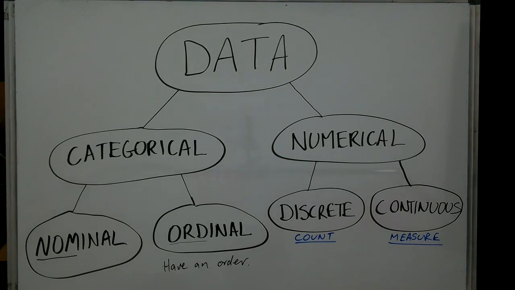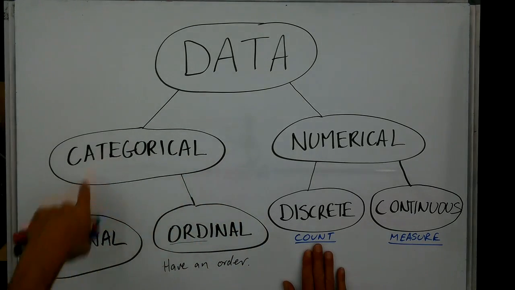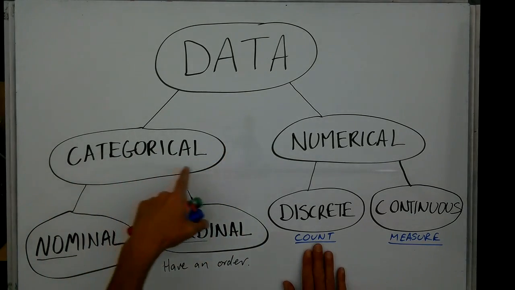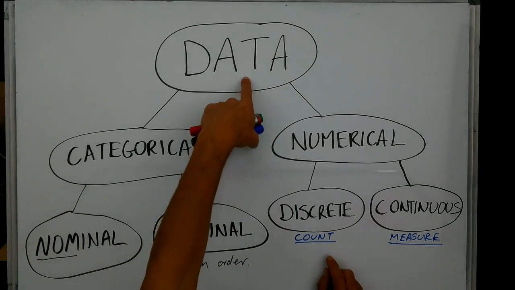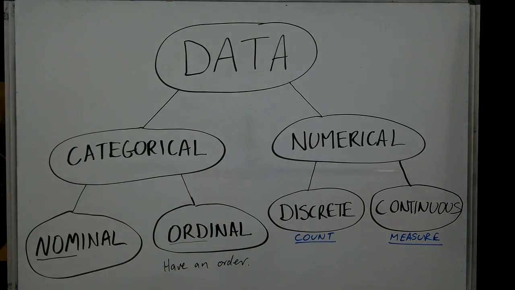Just to give an example, discrete could be if we surveyed everyone and asked how many games consoles do you have at home, or how many brothers and sisters. So it is a category, but the actual data we collect is a number. That's the important thing to remember.